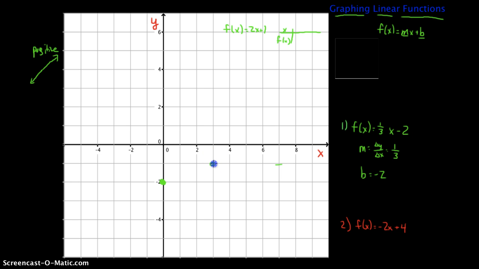The change in y is 1. I can do that again: from here, to find the next point, I go 1, 2, 3, and up 1. This is enough points to graph the line, but I can also go the other way. If x goes down 3, y goes down 1.